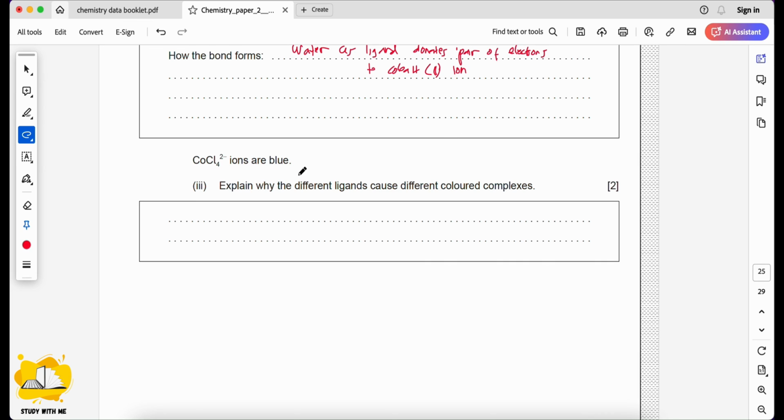[CoCl4]2- ions are blue. Explain why the different ligands cause different colored complexes.